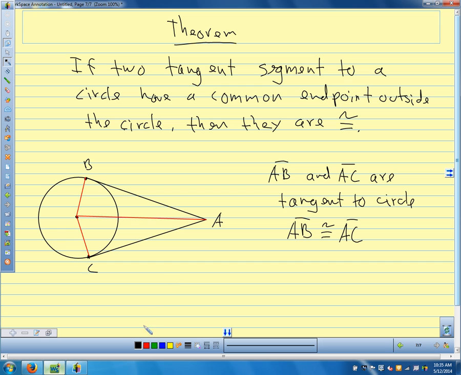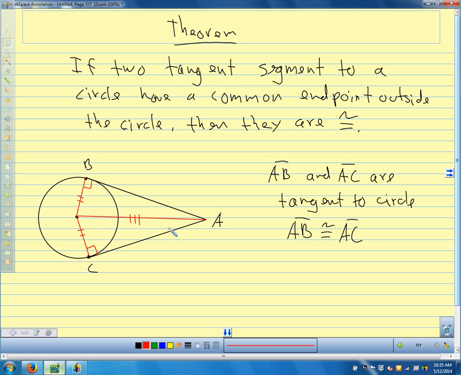These two segments are tangent to the circle, so we know those are 90-degree angles. All radii are congruent, so those two sides of the triangle are congruent. This middle piece is congruent to itself. So we have a hypotenuse and a leg of this right triangle congruent to a hypotenuse and a leg of that right triangle. So these two triangles are congruent.